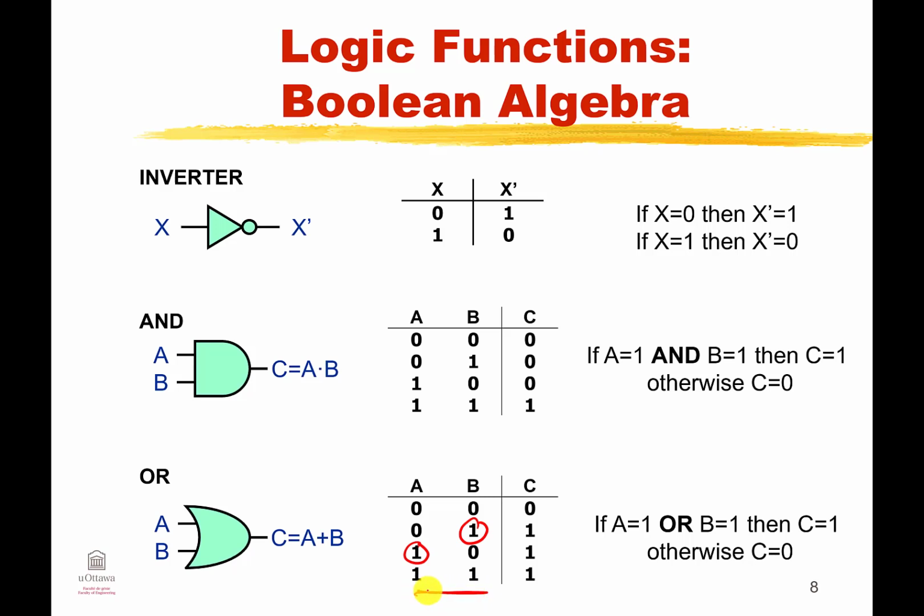Okay, the simplified representation of an OR gate is this simple, and the Boolean expression of any OR gate can be written by using the plus. And please do not be confused by the arithmetic addition.